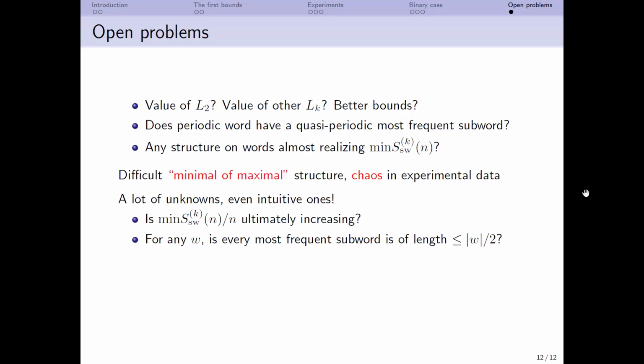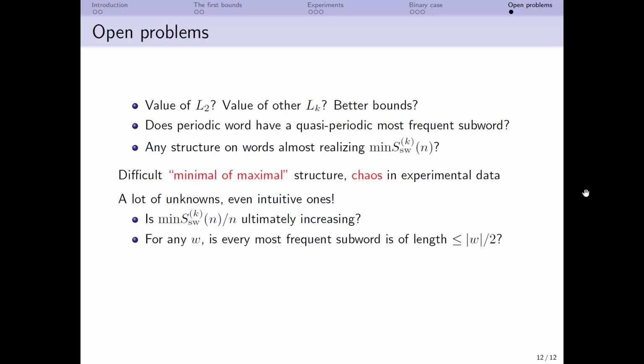Maybe it's also too difficult to study the words really minimizing the subword entropy. Maybe we relax it a bit. It will give us more structure to analyze, and maybe asymptotically, even if we cannot get the really minimal number, we can get a better bound for L2, for example.